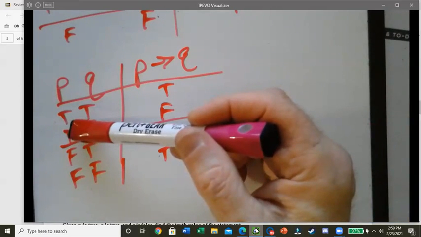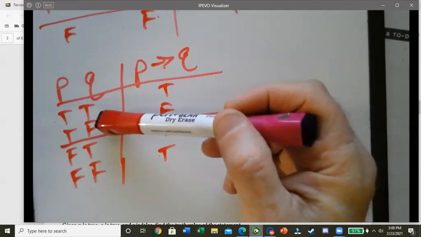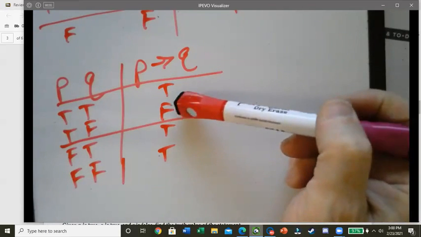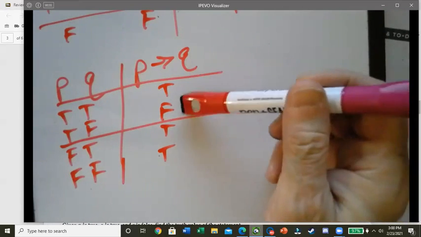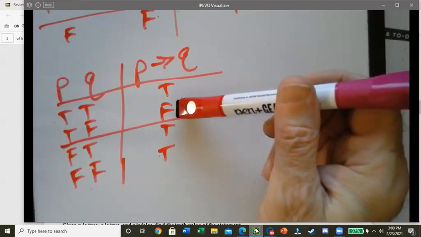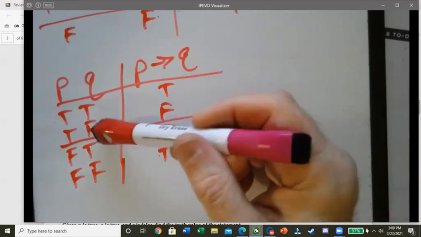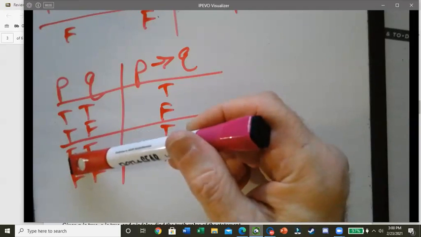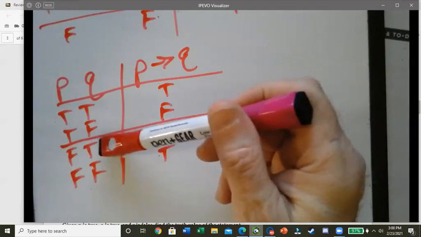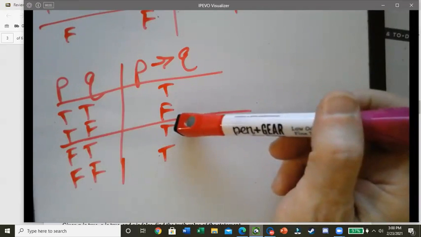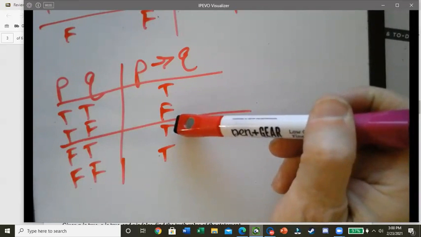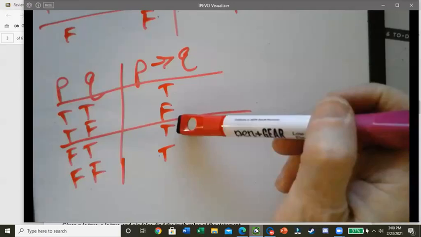If your friend says he's going to go to the party, but he does not go to the party, that's like a lie, right? He said he was going to go, but he didn't, so that's false. If your friend says, well, I'm not going to go to the party, but then he does go to the party, it's not lying. He just kind of unexpectedly was able to go.